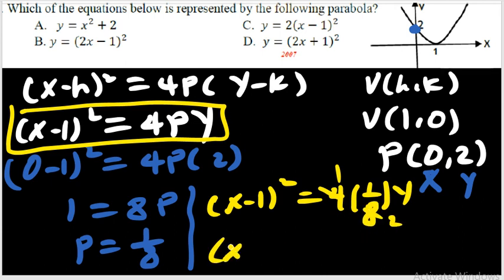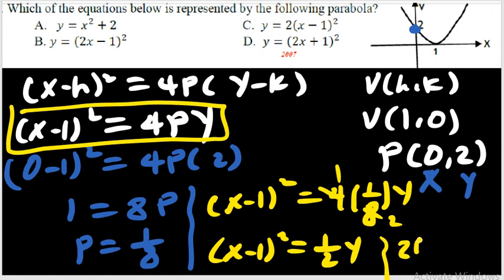So what is left? (x − 1)² = (1/2)y. If we multiply both sides by 2, what remains? 2(x − 1)² = y. Because it's written in this form, the answer is going to be C.